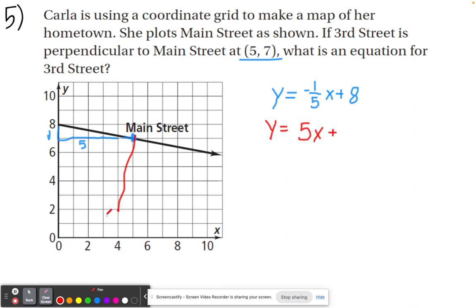This is what it would look like, but I don't know what my y-intercept is because it's going to fall off my page. It's going to be way down below somewhere. So it's actually going to be a negative number. Let's put a negative because I know it's going to be negative. So let's figure out what it's going to be.